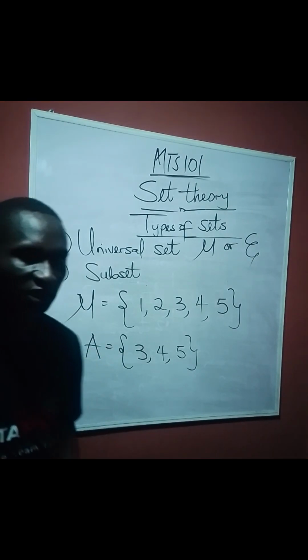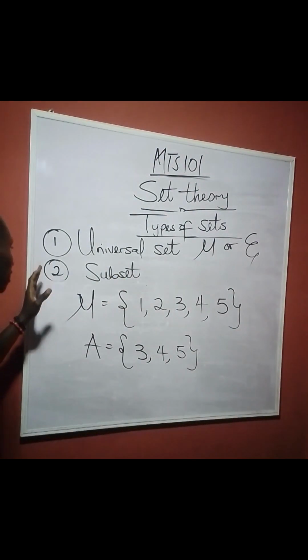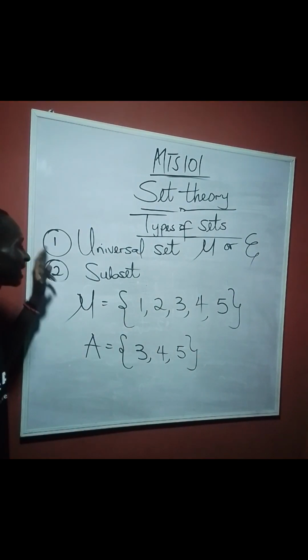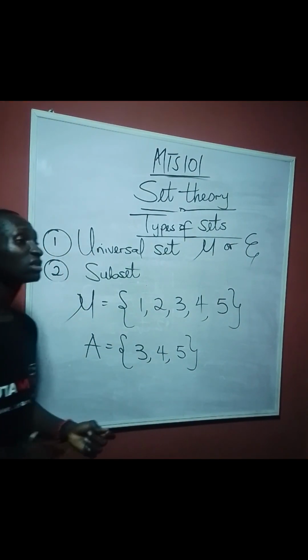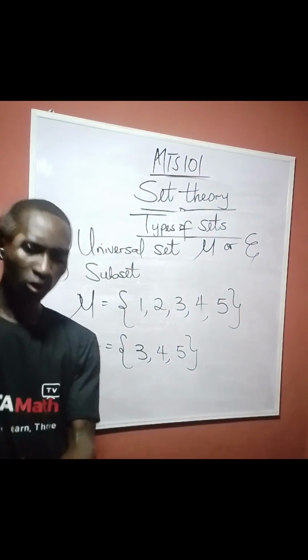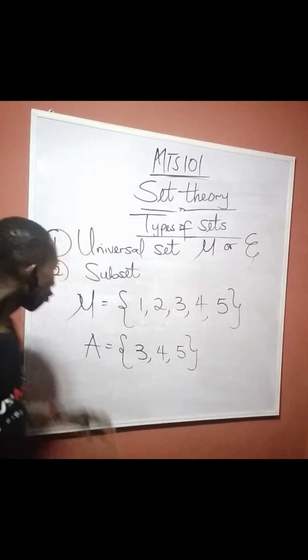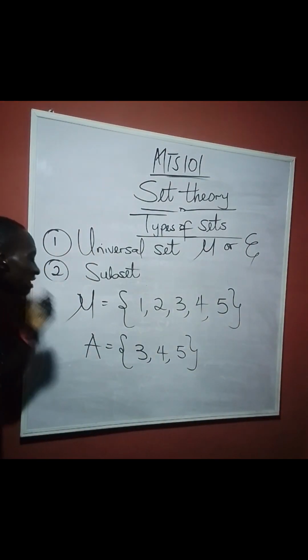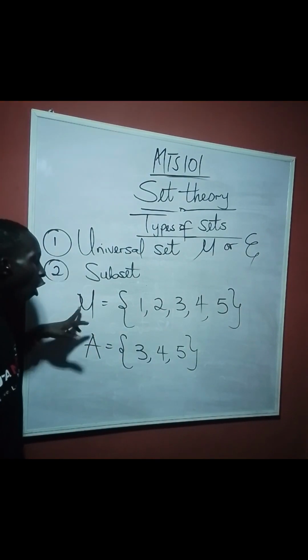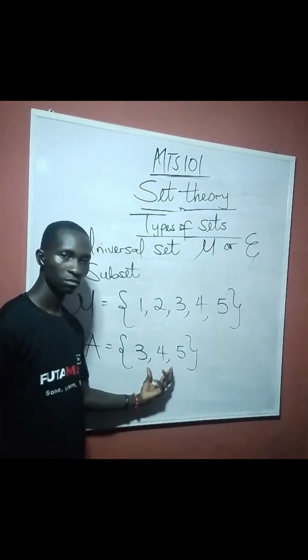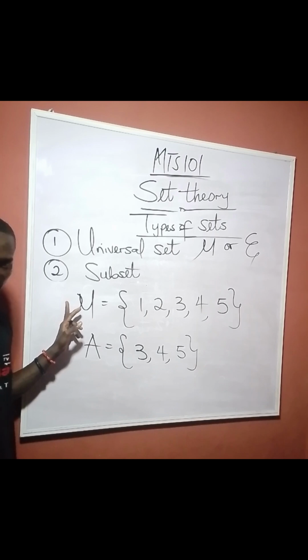Universal set, types of set: the universal set and the subset. Universal set is the mother set that contains all elements that are contained in its subset, while a subset is a fractional set obtained from the what? Universal set.